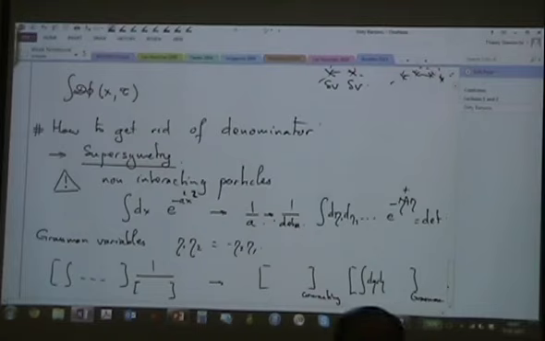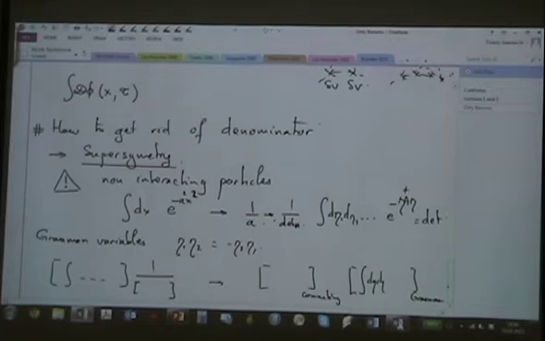Yes? Is this supersymmetric argument at all similar to a Hubbard-Stratonovich transformation? Not exactly. Hubbard-Stratonovich is a decoupling. So if you do Hubbard-Stratonovich, you would start from 4 fermions and replace it by an integral with an extra field and then only 2 fermions.